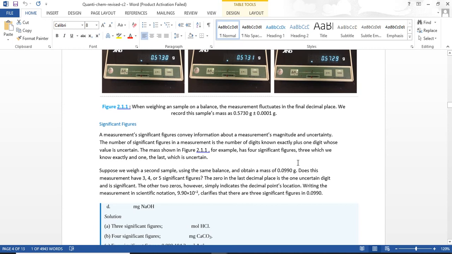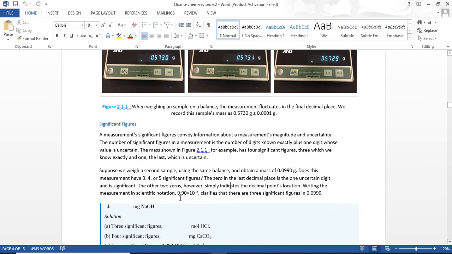Suppose we weigh a second sample using the same balance and obtain a mass of 0.0990 grams. Does this measurement have 3, 4, or 5 significant figures? The zero in the last decimal place is the uncertain digit, and it is significant.